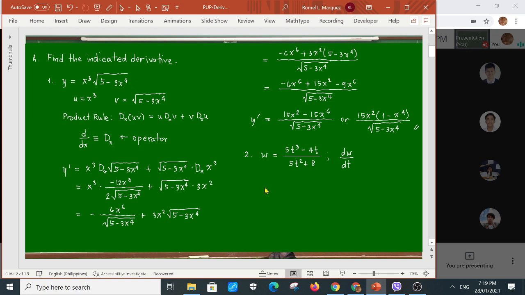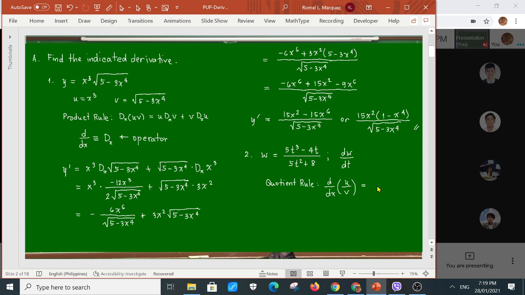So quotient, how do we differentiate a quotient? Let's recall the quotient rule. For the quotient formula for differentiation, we have the derivative with respect to x of u over v.